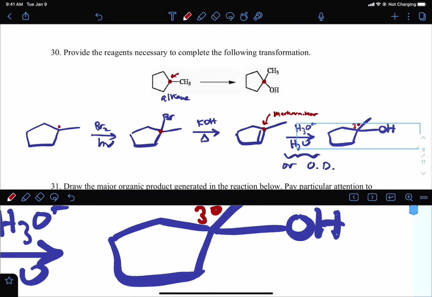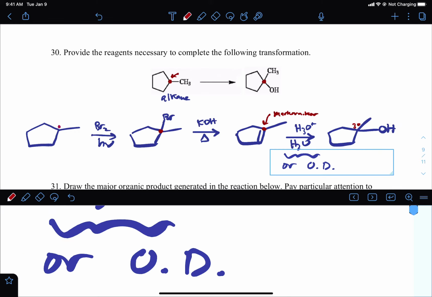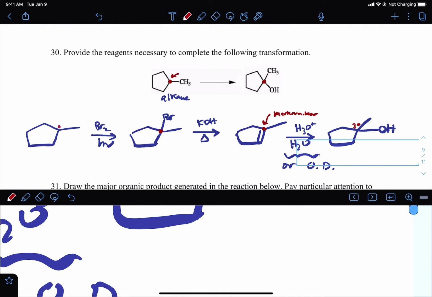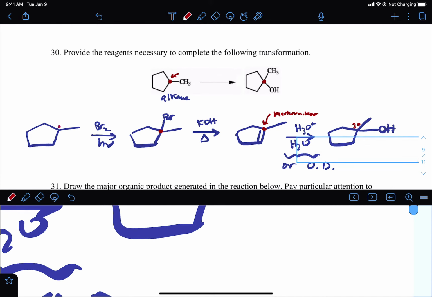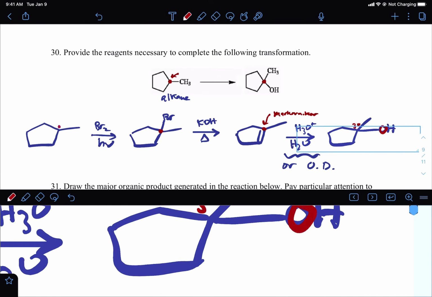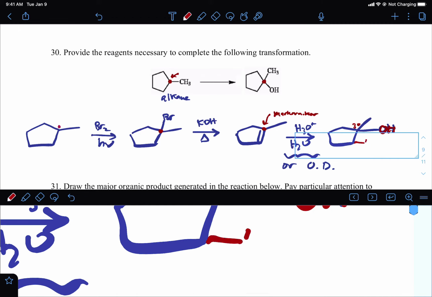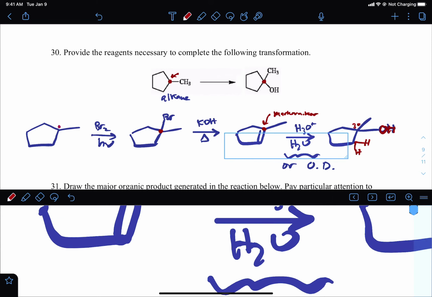So we don't have to worry about rearrangements. We can just use hydration. But we also could do oxymercuration, demercuration, because that would give us the right pattern too. So here the OH goes on the more substituted carbon, the H goes on the carbon with the most H's, which is this carbon here. So that's one way to do it.